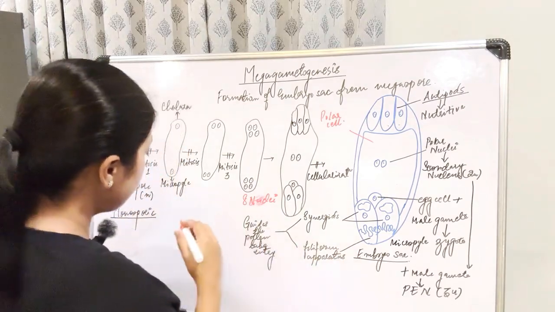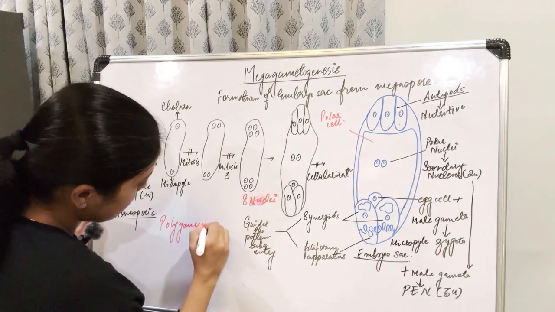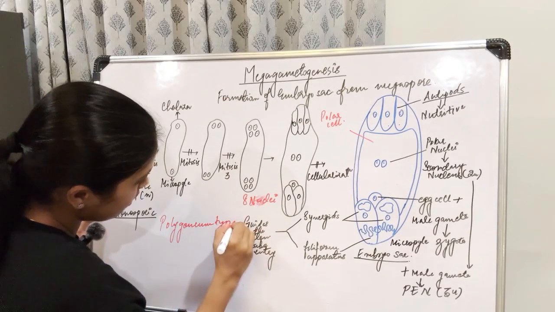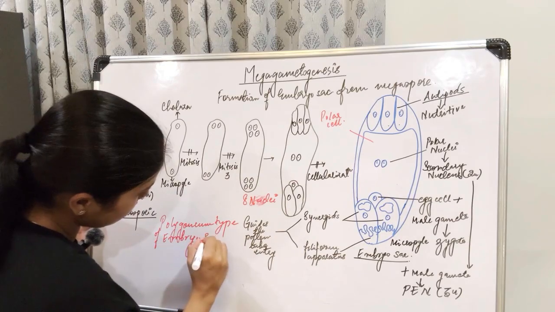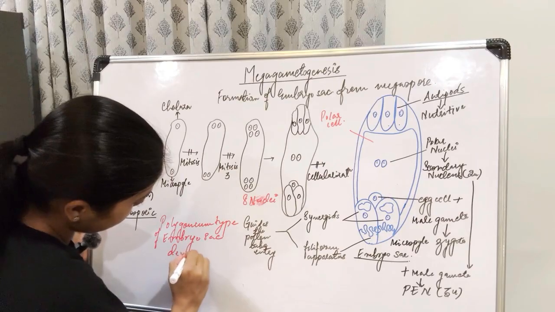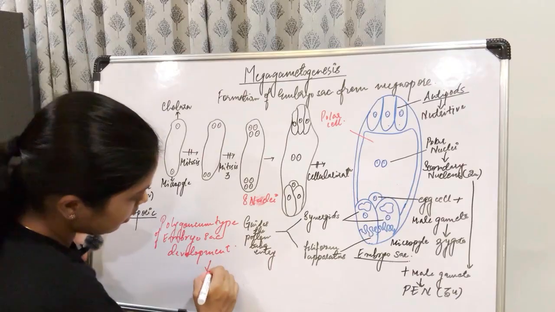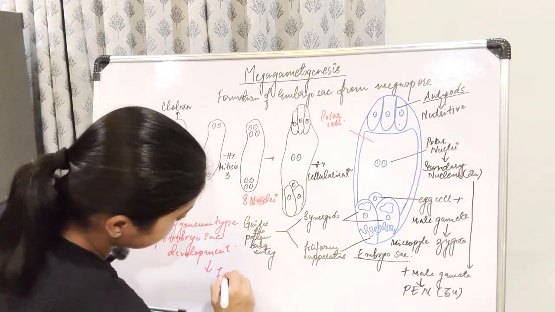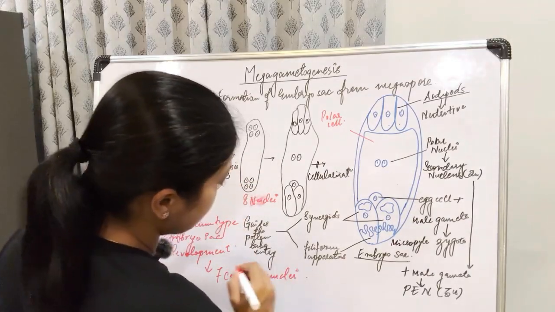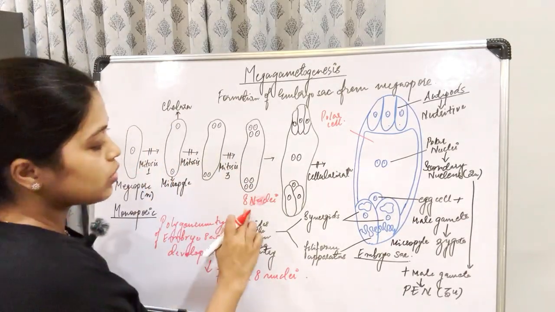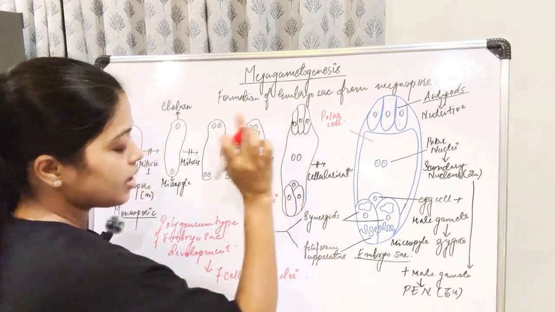Now such a kind of development is called polygonum type of embryo sac development. Why? What is the meaning of polygonum? That is, the development is called 7-celled 8 nuclei. So after 3 rounds of mitosis, 8 nuclei are formed: 1, 2, 3, 4, 5, 6, 7 and 8.